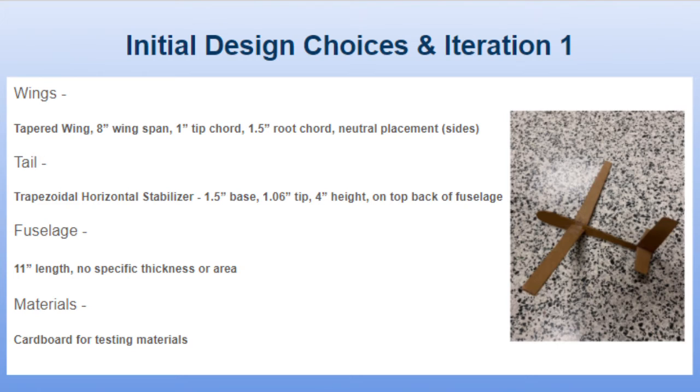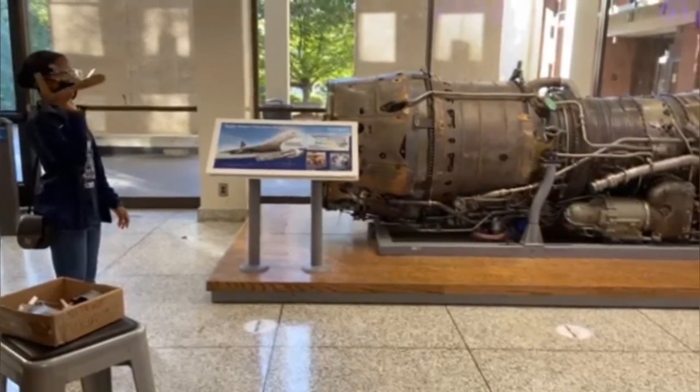In terms of the initial design choices, I made an iteration 1, which was basically just following those sizing criteria, and I have the dimensions here, and I used cardboard just as a testing material. And this was the flight.